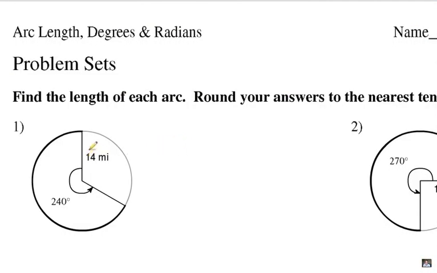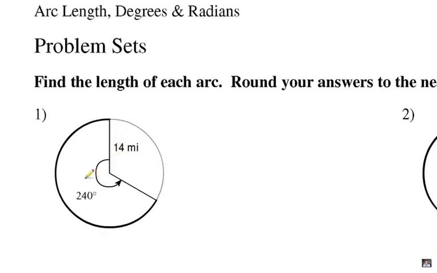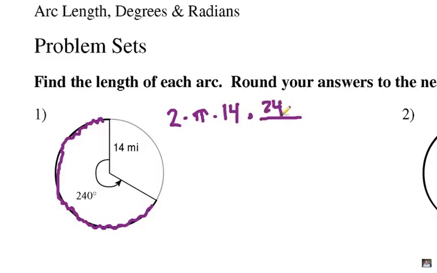All right, in number 1, the radius is 14 miles, and we have a 240 degree angle. So of course we're talking about the actual curved length of this arc. The entire circumference is 2 pi r, so that's 2 times pi times 14 miles. And then we're going to multiply it by the central angle, which is 240 divided by 360. So we're going 240 degrees around a 360 degree circle.